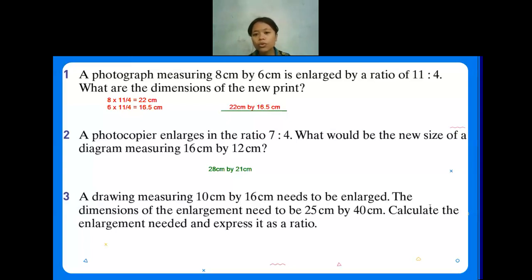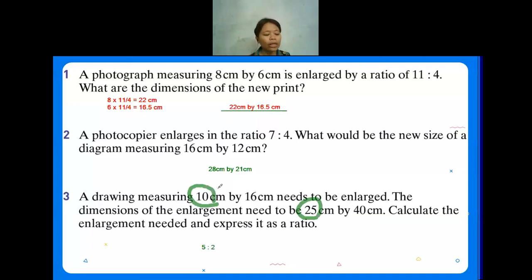Someone told me through the chat box it is 5:2. Is there anyone who disagrees with 5:2? Okay, so the ratio will be 5:2. How to get 5:2? Because we are finding the ratio for enlargement, we compare the big number with the small number as long as they correspond.